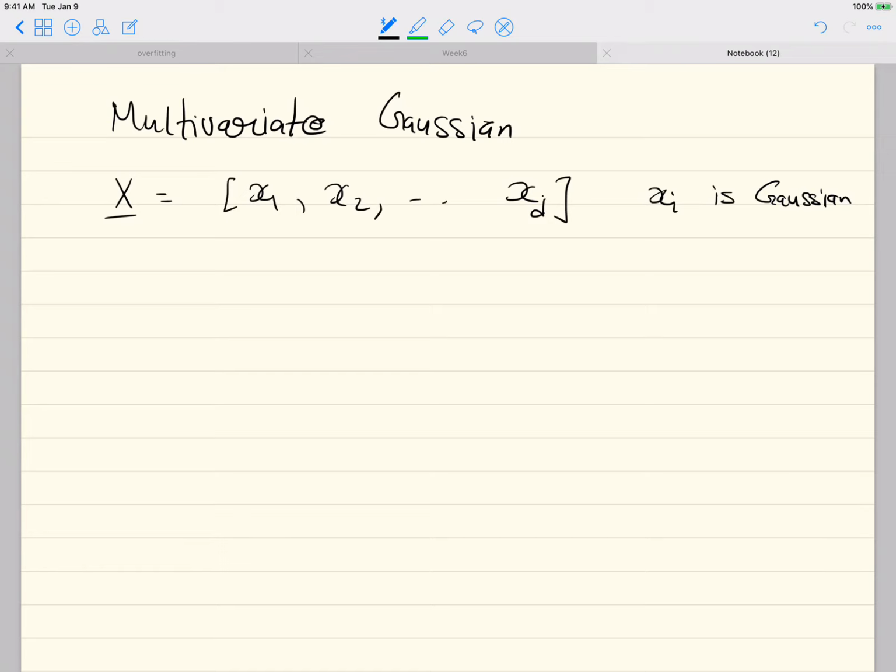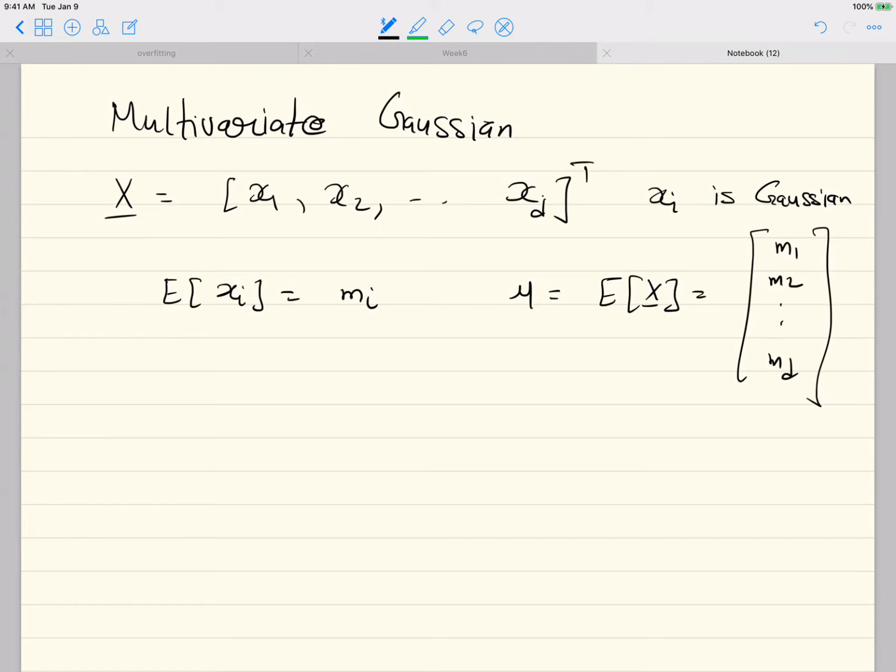So we take the expected value of xi to be mi, and mu, the expected value of the vector x, to be the vector m1, m2 up to md. Put a transpose here, they are all column vectors.